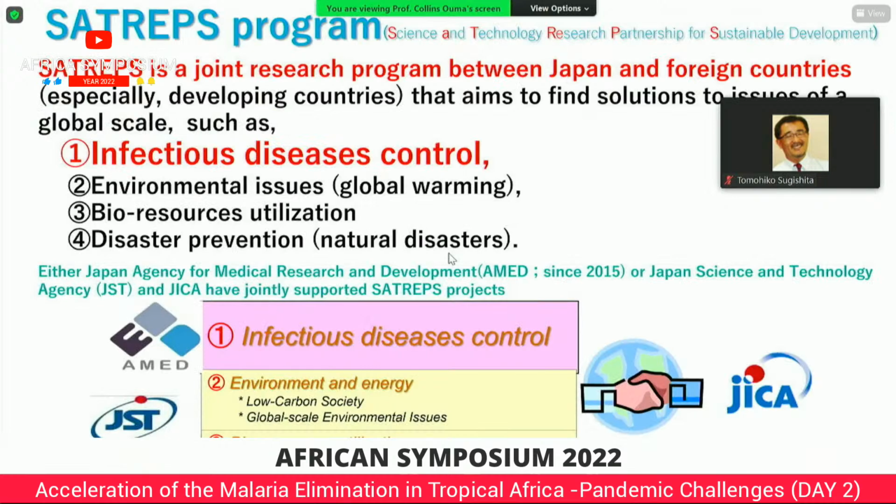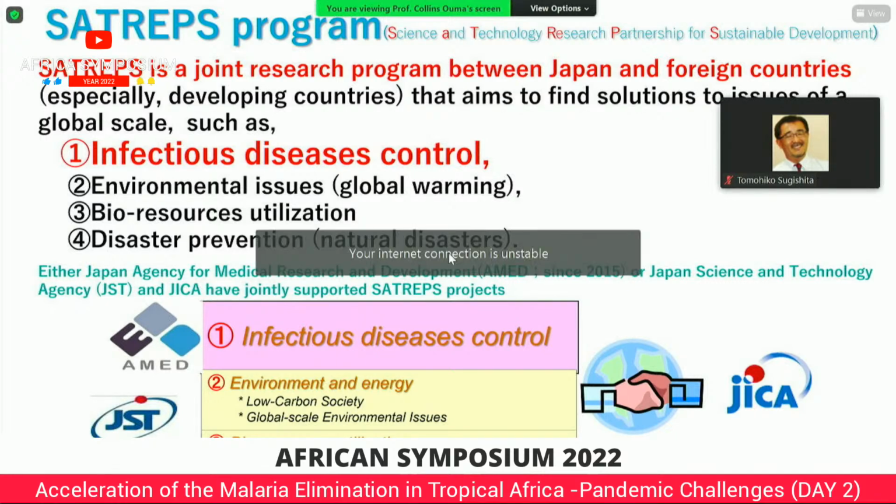I will explain the facts of this project. SATREPS is the Science and Technology Research Partnership for Sustainable Development. It is to conduct joint research between Japan and the partner countries for solutions on issues that pose international problems. Four areas of international issue are listed here.